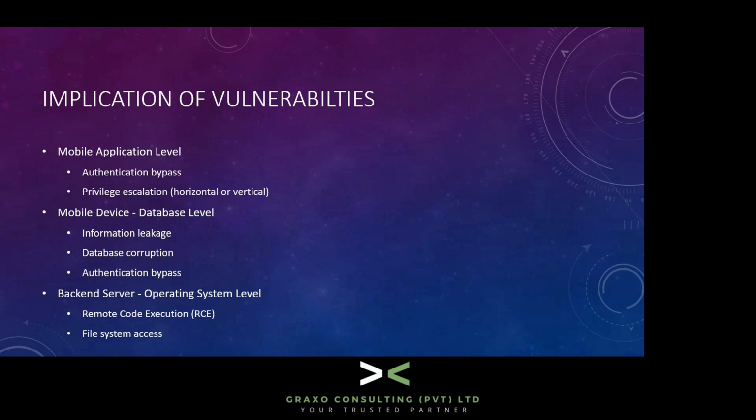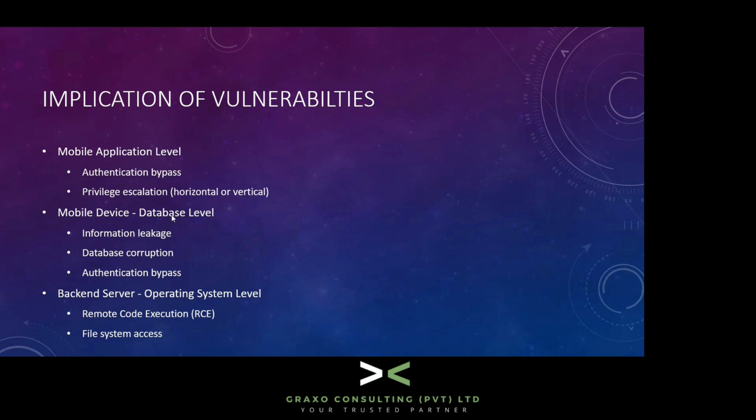Or if a mobile application has insecure activities, with this you can bypass authentication. So there are a lot of techniques, a lot of vulnerabilities that result in the same thing, authentication bypass. Similarly, there could be multiple vulnerabilities that result in the same privilege escalation. So the concept is like this: multiple vulnerabilities could have the same impact, or different vulnerabilities could have different impacts as well.